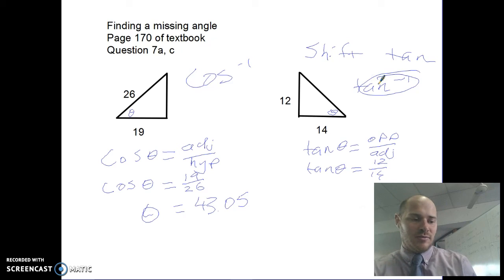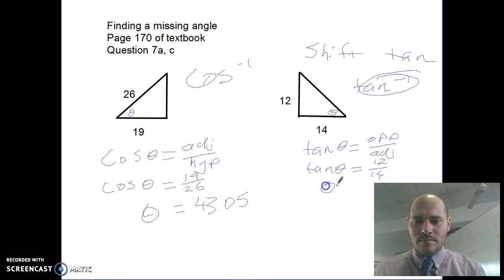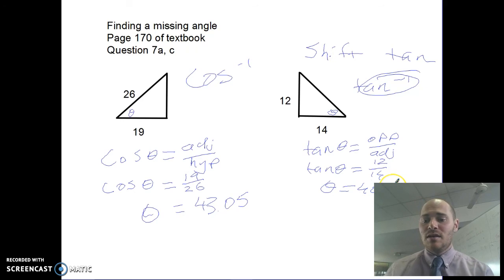And so shift tan, I'll use my brackets to make sure, 12 divided by 14, and that gives me an angle, oh, let's do that properly, of 40.6.